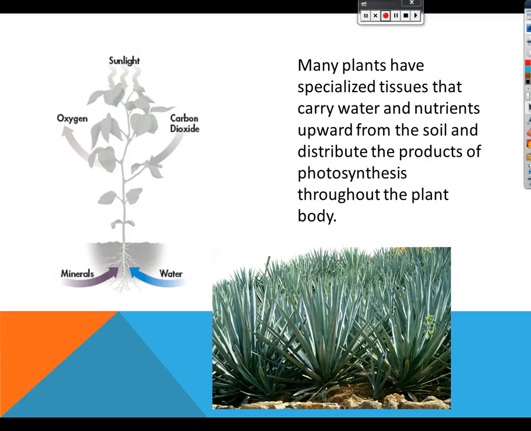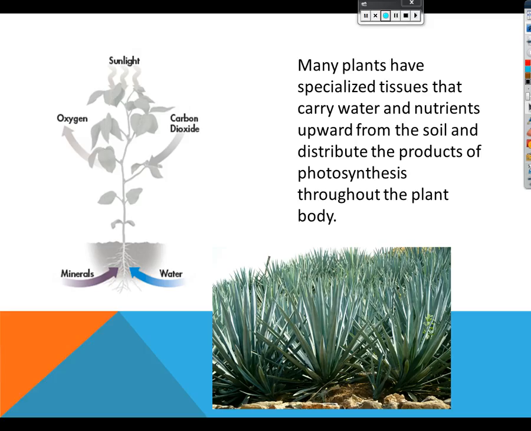Xylem and phloem. Those specialized tissues are xylem and phloem. Xylem, to kind of recap, xylem pulls what? Water from where to where? From the roots to the rest of the plant. Xylem tissue only pushes water what? Upward. It only goes in one direction.